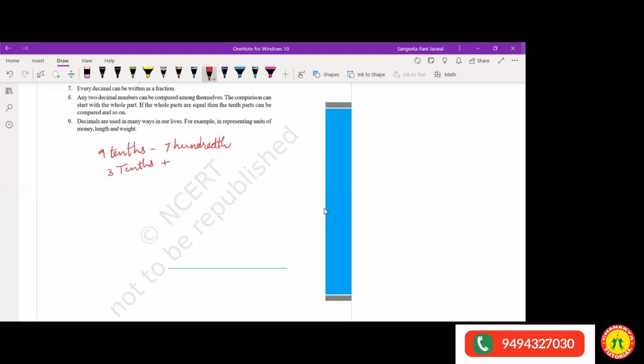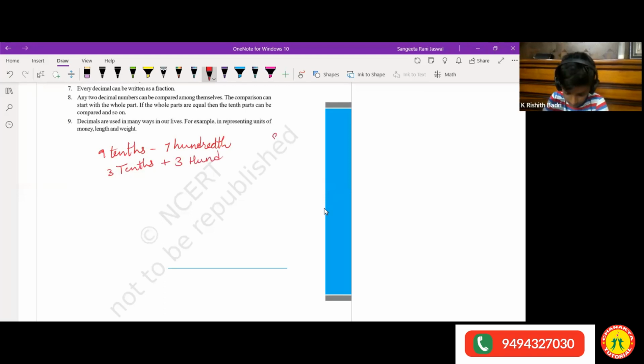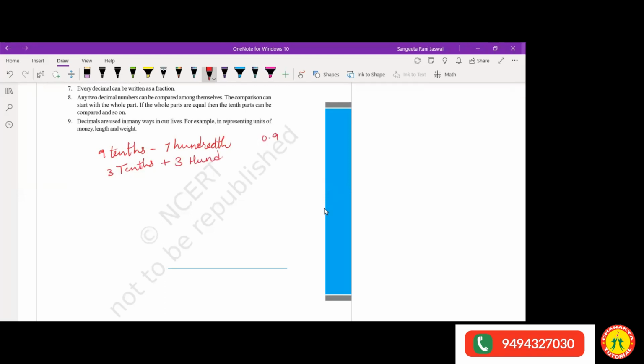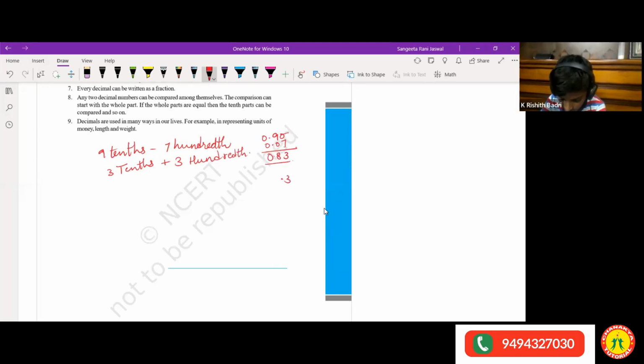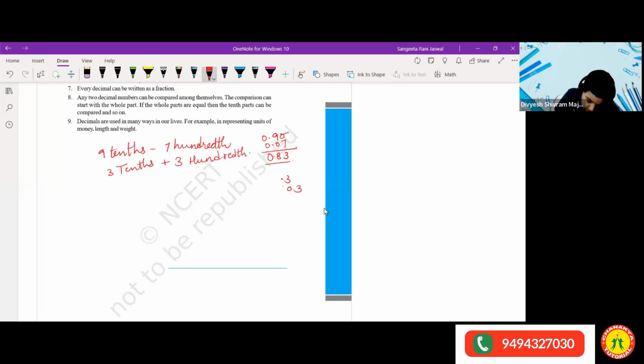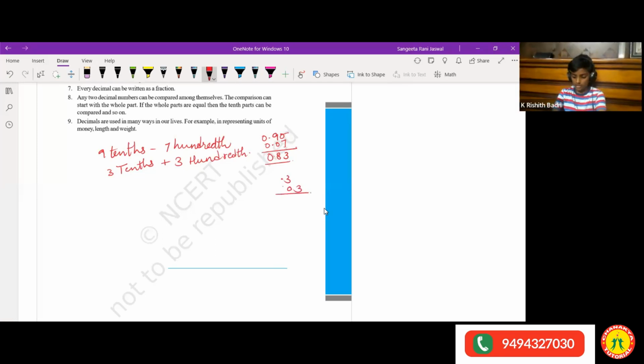All are getting the same. And the second one is 0.33. Have all got the same? Ma'am, I got 0.33. Yes, ma'am, 0.33.